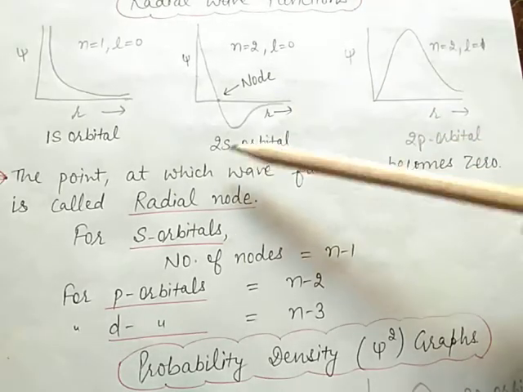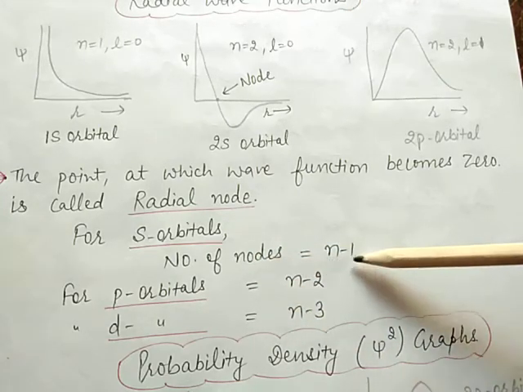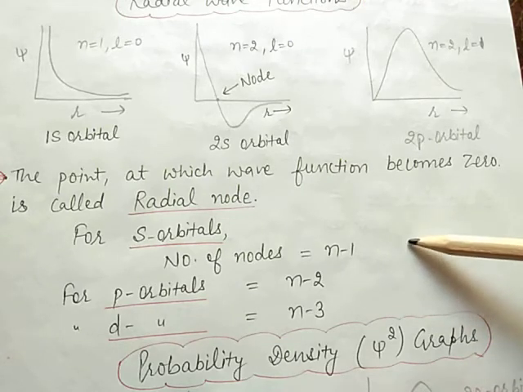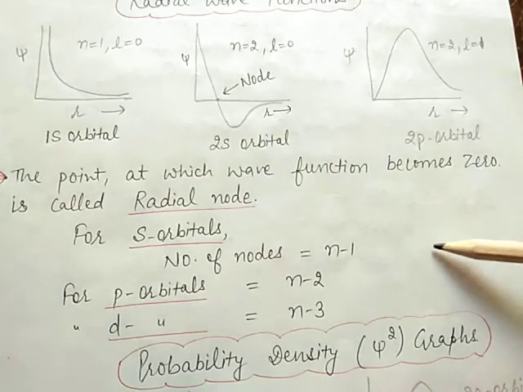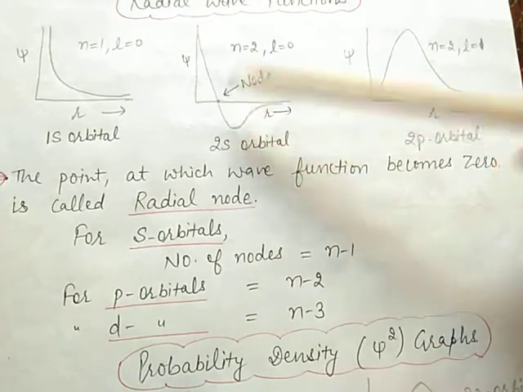We can easily calculate from this formula. For s orbital, number of nodes is equal to n minus 1. Here putting the value of n as 2, 2 minus 1 is equal to 1. It means 1 node is present.